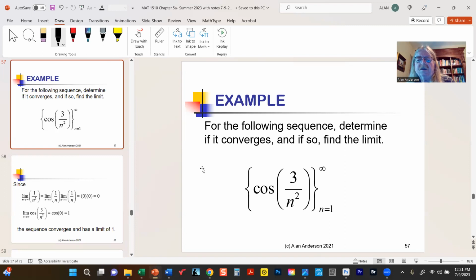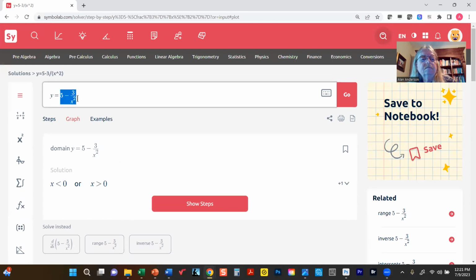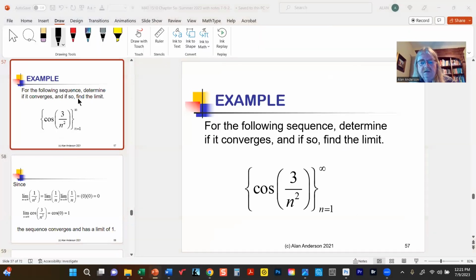Okay, here is a tricky one. So let's take a look at the graph. Cosine of 3 over x squared.